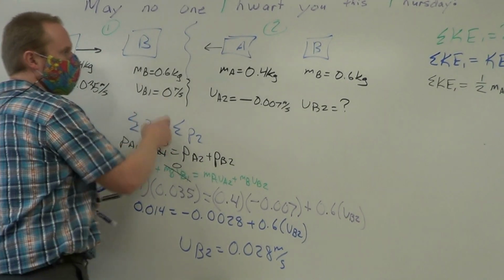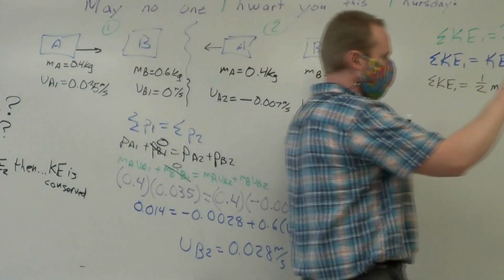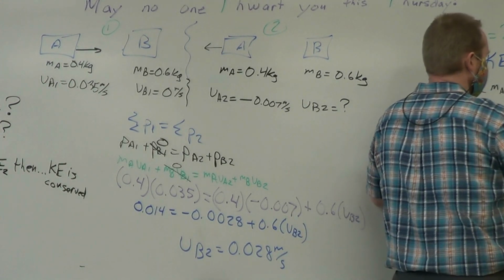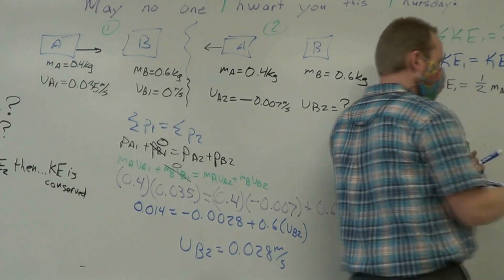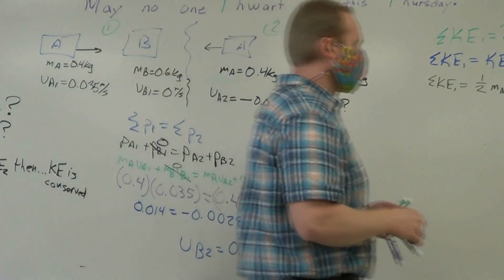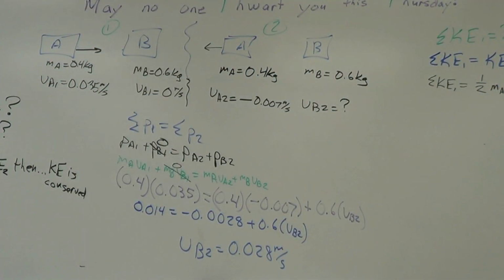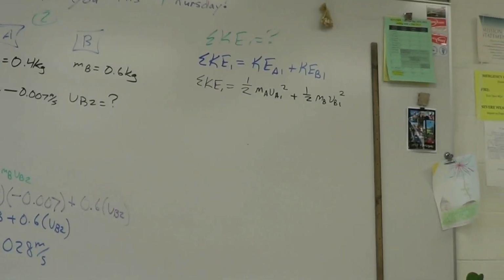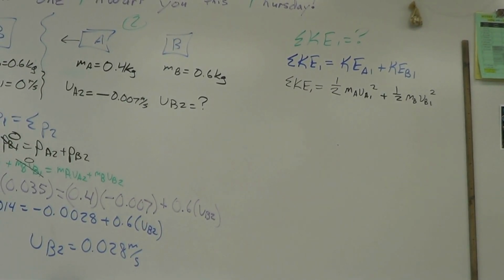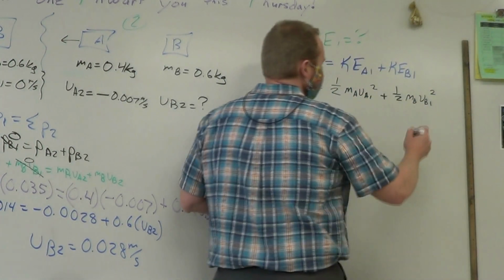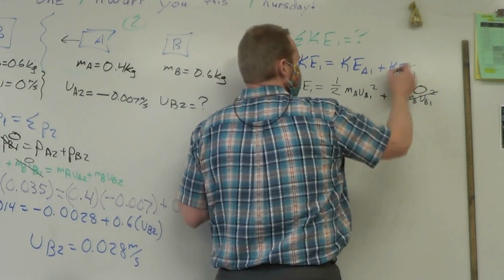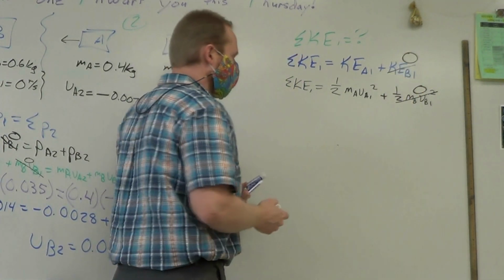Remember that my VB1, okay, that should have been 1, I wrote a 2 by mistake. We said VB1 was 0, so the whole kinetic energy of object B at location 1 is 0.